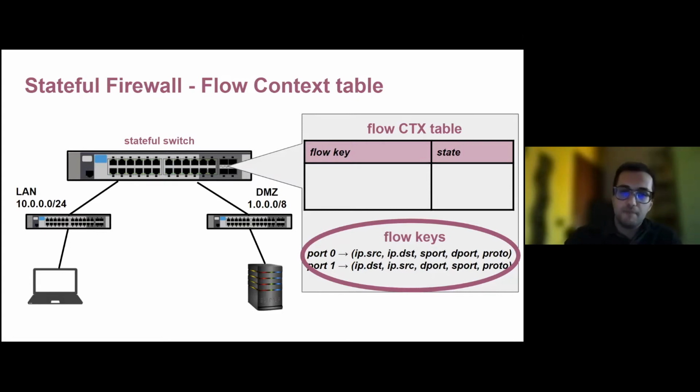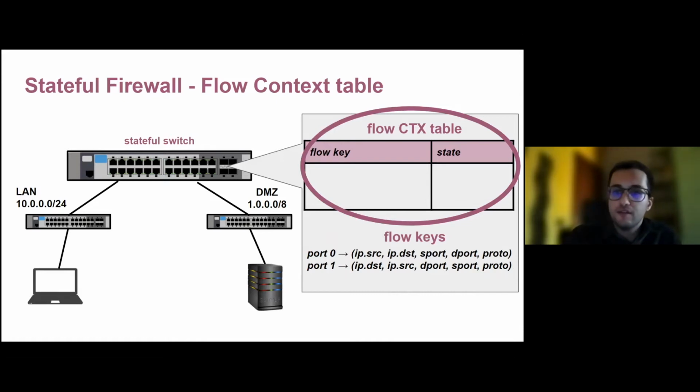And then for the opposite direction, what the switch will extract is the flow key, but the 5-tuple, swapping the IP addresses and swapping the layer 4 ports. Okay, then the second element that we need is a table that we call the flow context table that associates a given flow key to the state, so to some internal memory that is associated to a flow.